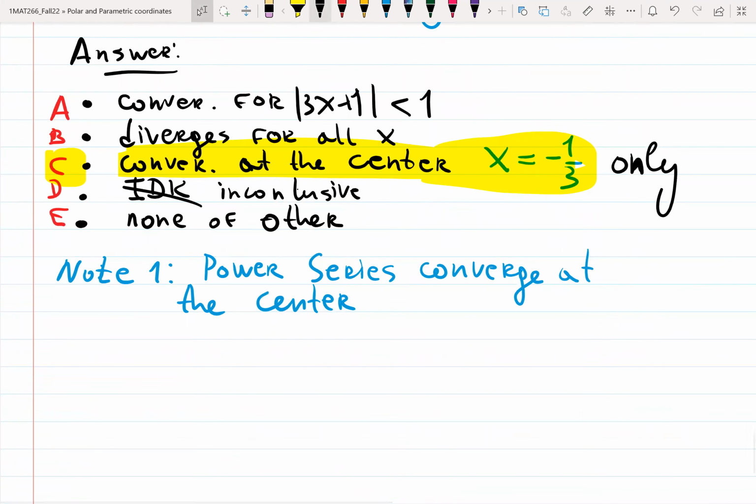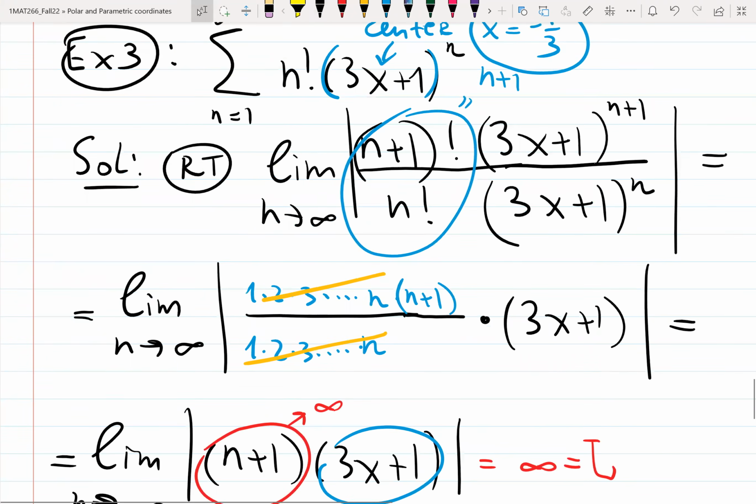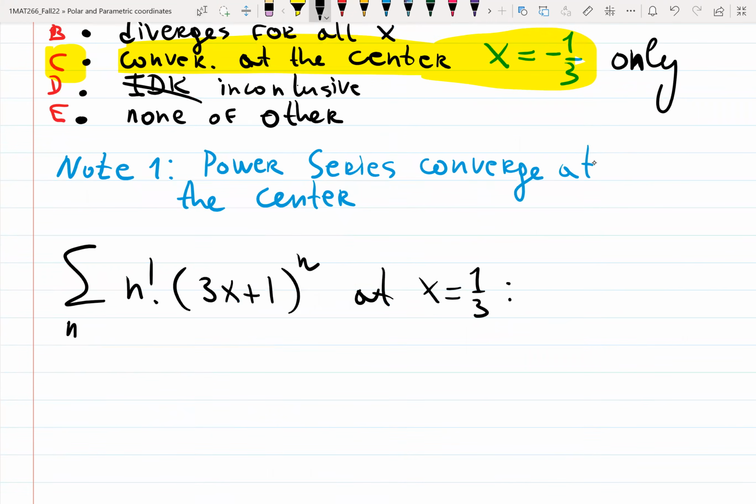Moreover, let me just write it down again. This sum, n factorial times (3x plus 1) to the n, at x equals minus 1/3 gives you what? n starts from 1. Let's write it down to make sure we understand. When n is 1, it will be 1 factorial times 0, right?